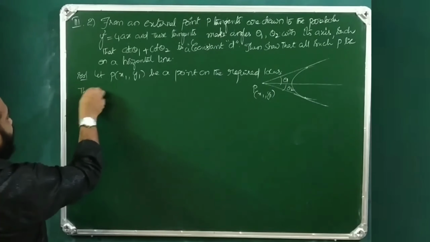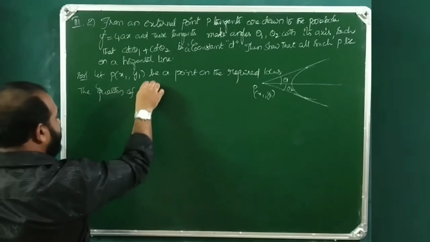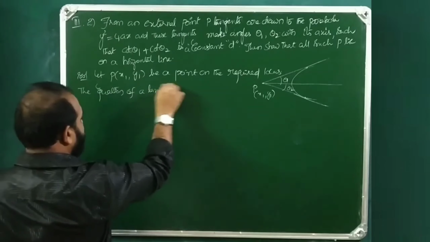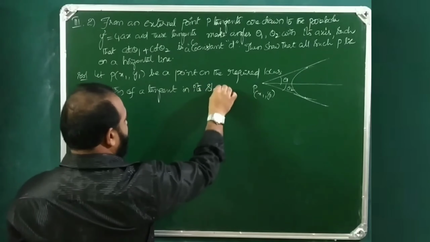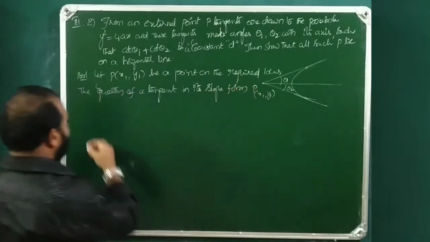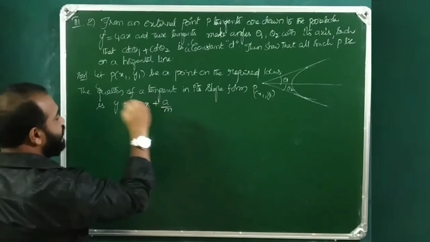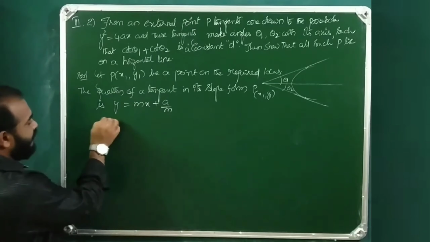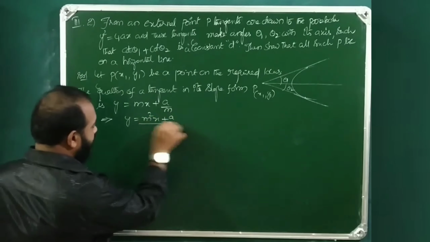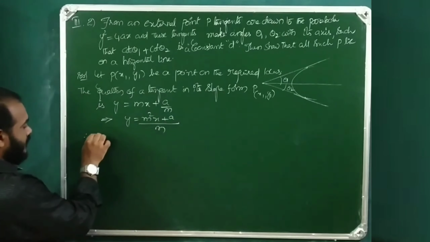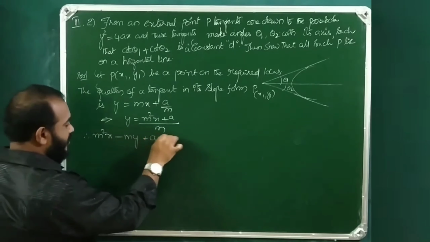So the equation of a tangent in its slope form is y = mx + a by m. So this implies y m = m square x + a. Therefore, m square x minus my + a = 0.